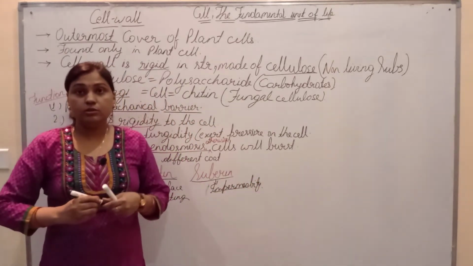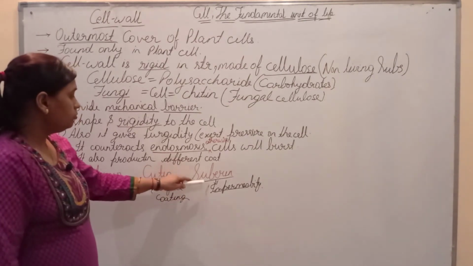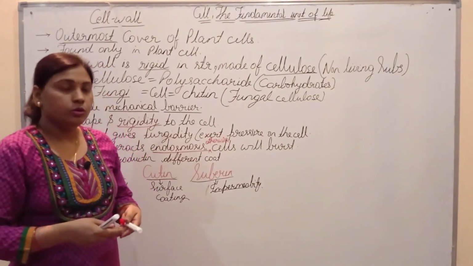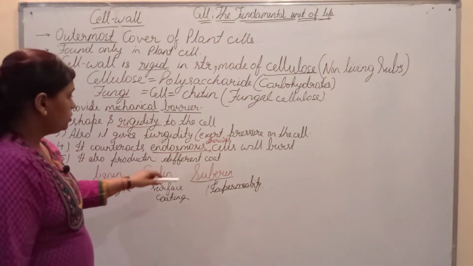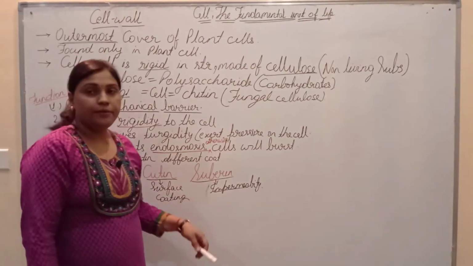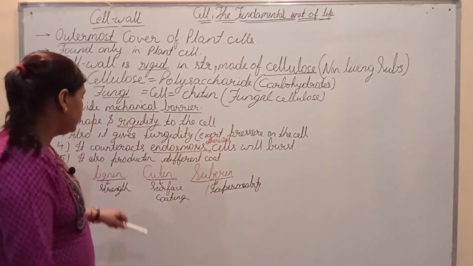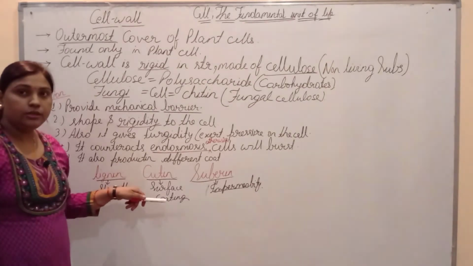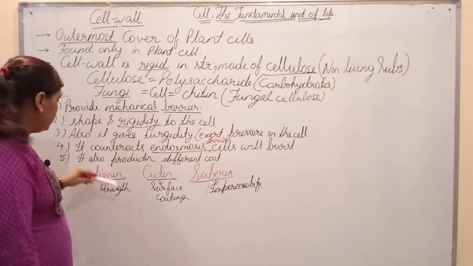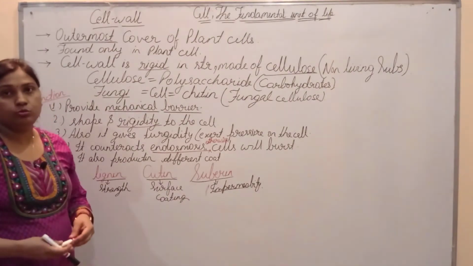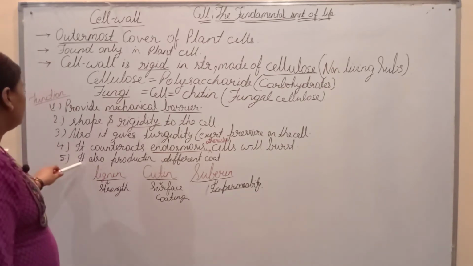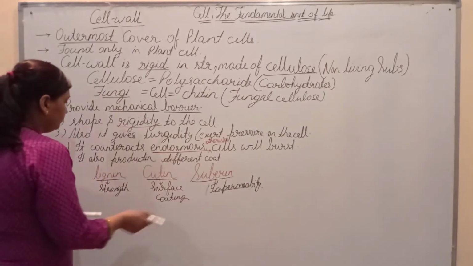Impermeability means it will not allow materials to enter inside the cell and also out of the cells. So suberin is impermeable, that it will not allow the entry or exit of any materials. Cutin is surface coating, it is found on the layers of cell walls, and lignin provides strength to the cell walls. So these are the coats that are found on the surface of the cell wall.